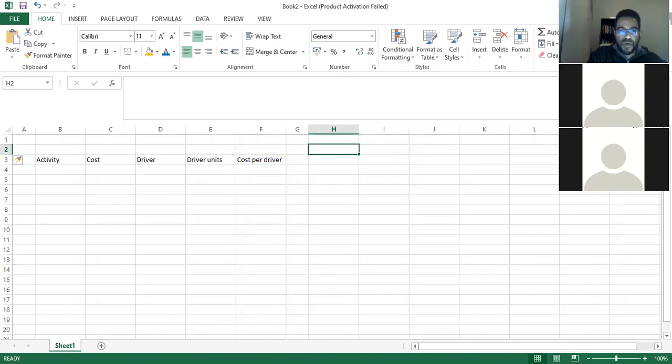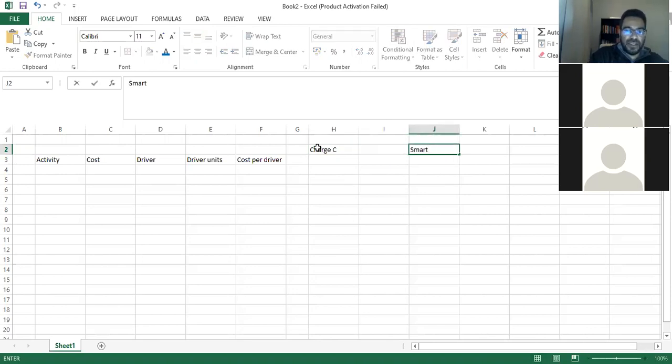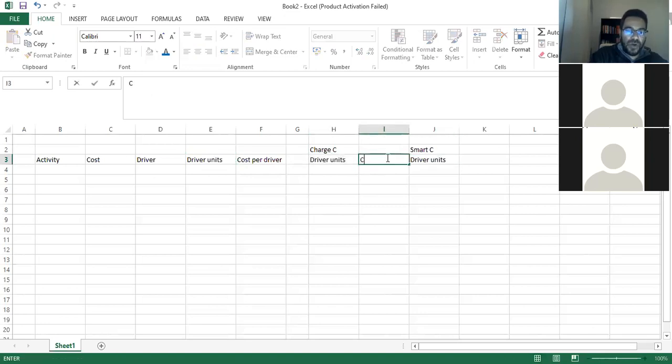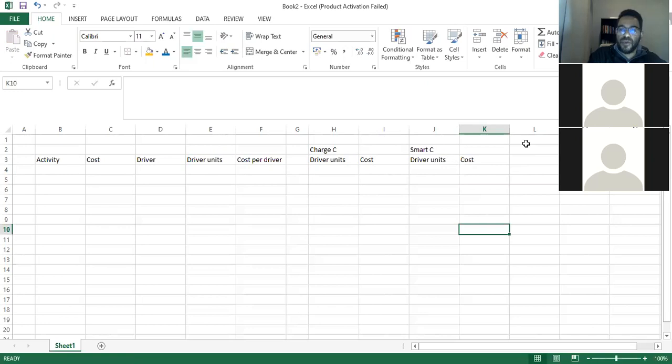It was Smart C and Charge C. So we have Charge C and we have Smart C. Okay, so this here is going to be driver units. And then here we're going to have cost. So if you have 3 products, you'll create another column for the products. Okay, so just be aware of that.